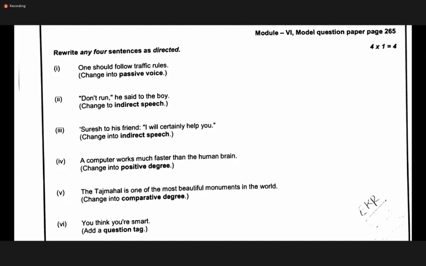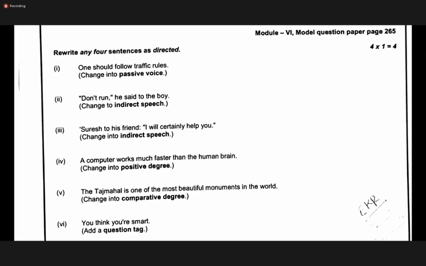Next, when the sentence is changed from direct to indirect speech, first we have to change the reporting verb. This change is done based on the type of sentence within the inverted commas. Here an imperative sentence is given. In case of imperatives, the reporting verbs are changed like this.